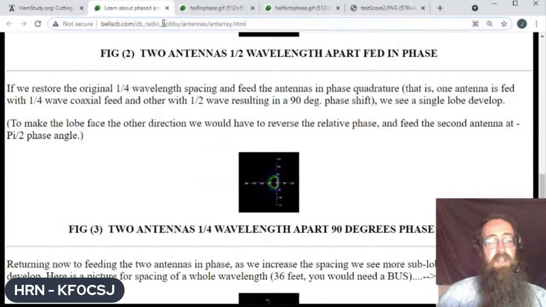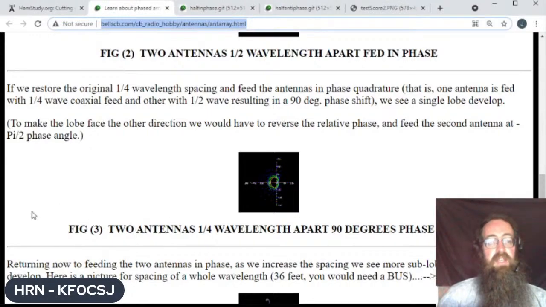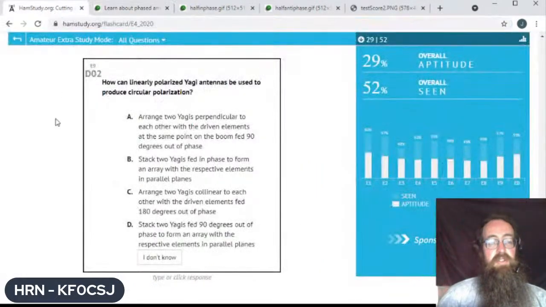So this is another question. That is the study sheet for antennas in phase, but that is for verticals, and this is for Yagis. So, I don't know.